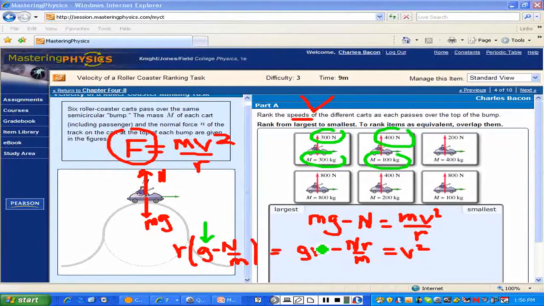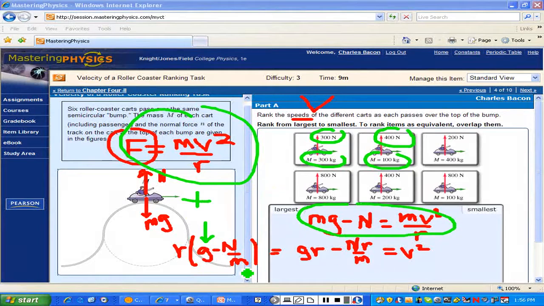So really what we wanted was to find an expression. We started with Newton's second law. We identified our forces, put them into our expression and solved an equation to find something that would tell us how the velocity is related to the quantities in this problem that are changing. And the quantities that are changing are the normal force and the mass.